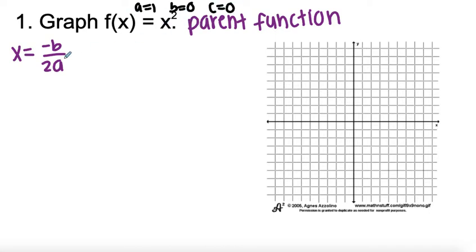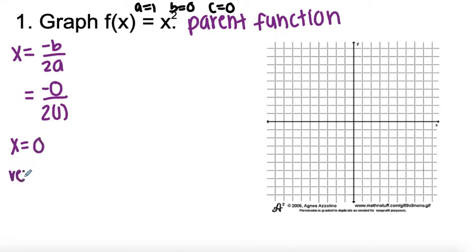So plugging those into here, that means my opposite of b, well, b is just 0, so that means opposite of 0, over 2a, which we found to be 1. Well, 0 divided by anything is just going to be 0, so that means that x is equal to 0 here.